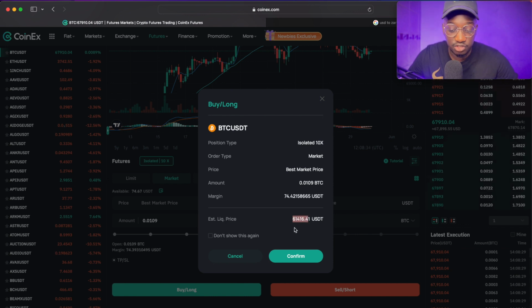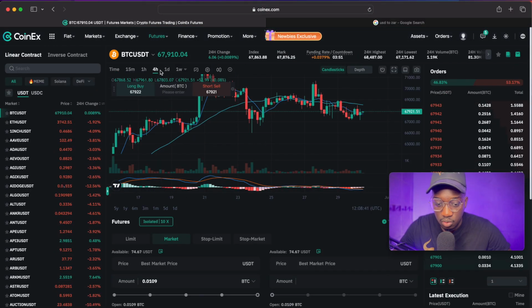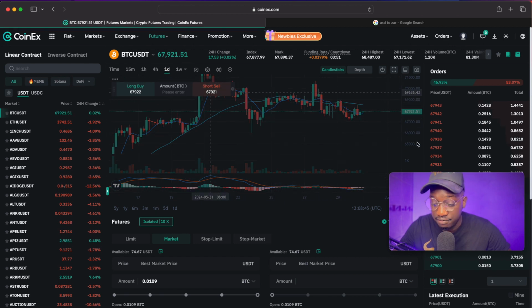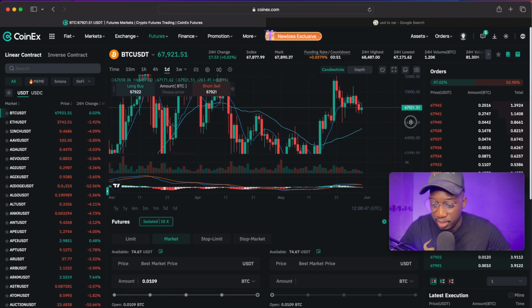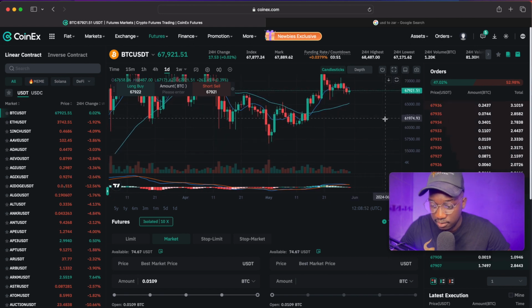You can see that my liquidation price is at 61,416, which means that if the price of Bitcoin drops to 61,715, which is down here, somewhere right here, it means that I will lose the whole available balance that I have in my wallet.